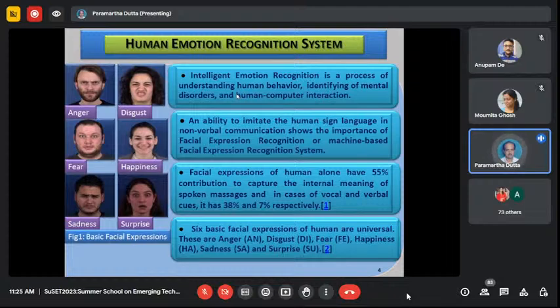Now, facial expressions of humans alone have a 55% contribution, as per certain statistics, in capturing the internal meaning of spoken messages, and in the case of vocal and verbal cues, it is 30% and 7%. This is as per the statistics reported in one of the reports.